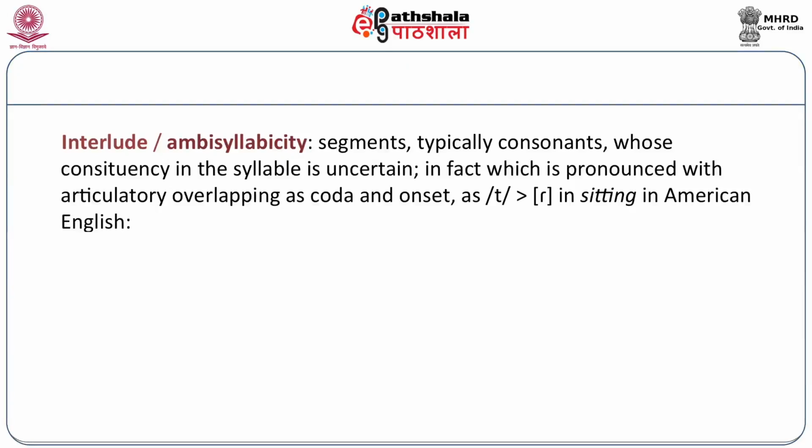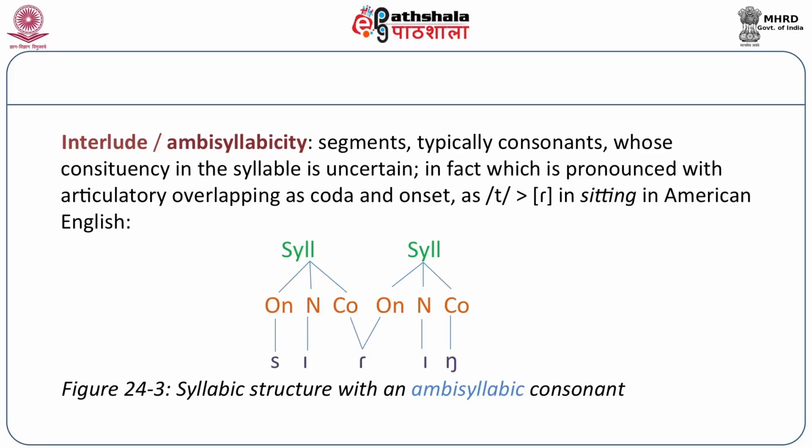The reason why we have this middle sound t being pronounced as something like a flap is, we are told, because it belongs to both the vowels, the i as well as the ing. So it connects to both the syllables, the preceding syllable and the following syllable.